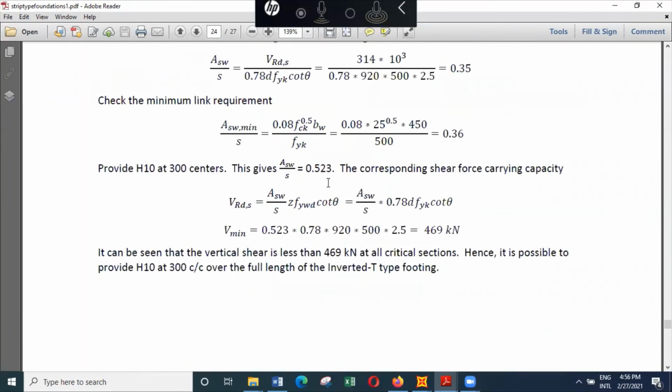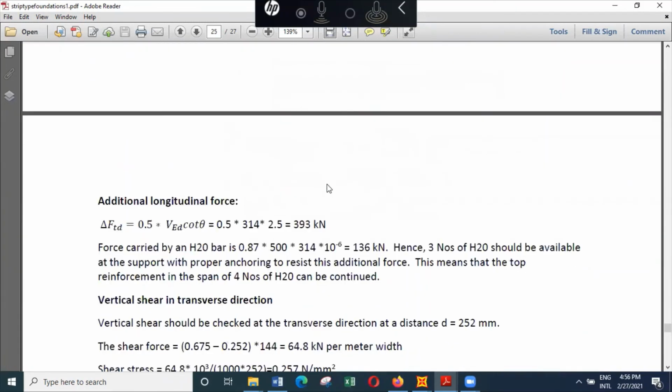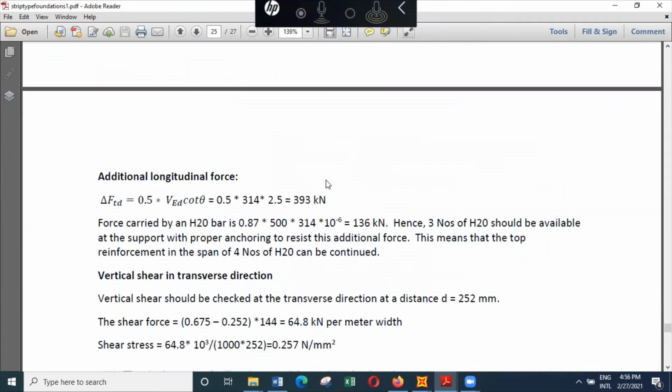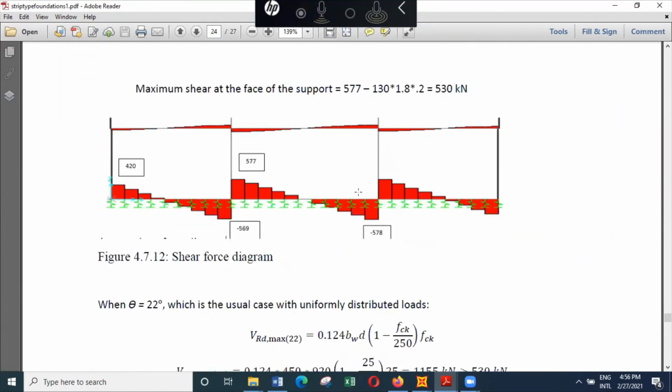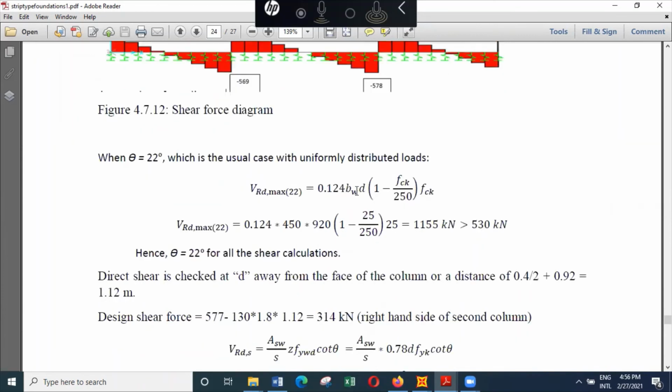And also you have to check this additional longitudinal force due to the shear. And here again, I have considered that the shear force is 314, and based on that you can work out the additional reinforcement needed to carry the shear.